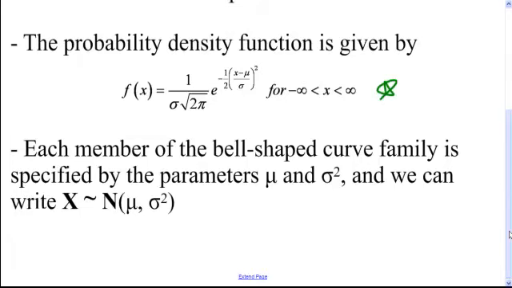Looking at the test scores of a huge population, they can fall all over the place. It's not just a certain number that can happen. All of those different things just continually keep going, versus a discrete scenario where you're talking about number of desks, number of people, things that you can physically count. This is going to be a range of values.